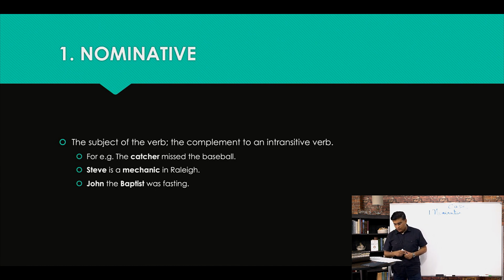Okay? So keep that in mind. John the Baptist was fasting. John and Baptist are both in the nominative case. So it refers to the subject of the verb, or in intransitive verbs, it can also be the complement of the verb.